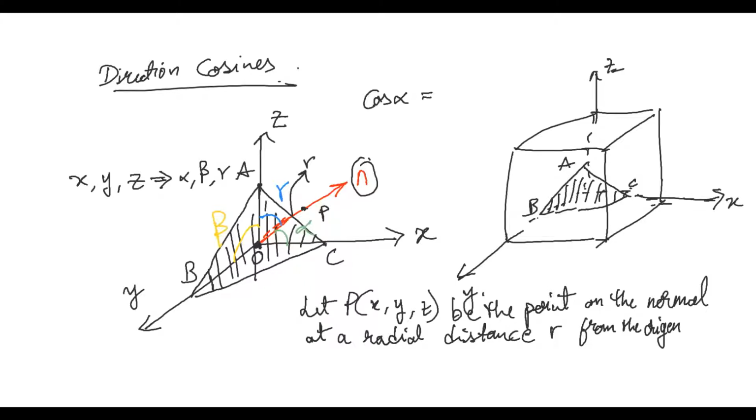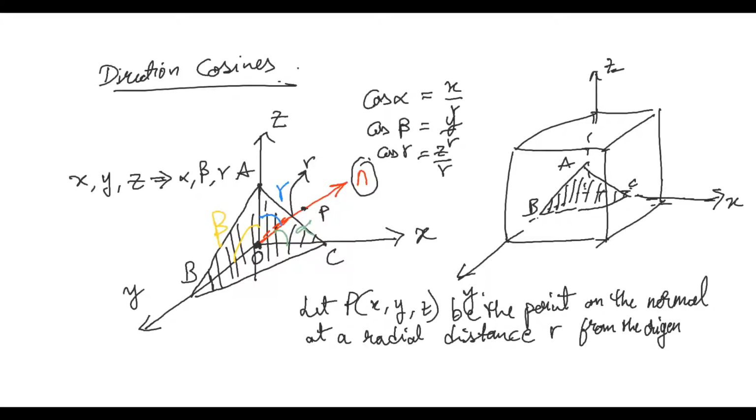So cos alpha, if you take the angle over here, it's going to be x by r. Similarly, cos beta, that is with respect to the y-axis, it is going to be y by r, and then cos gamma is equal to z by r.